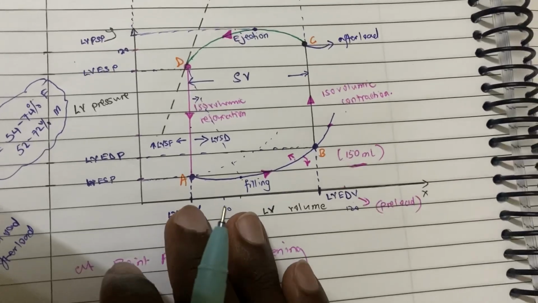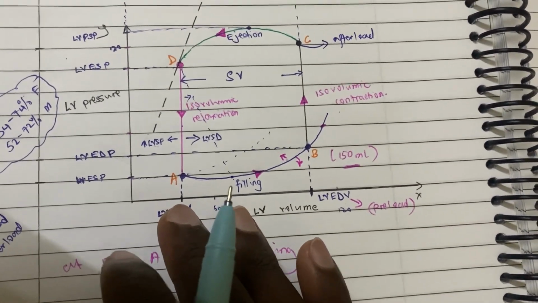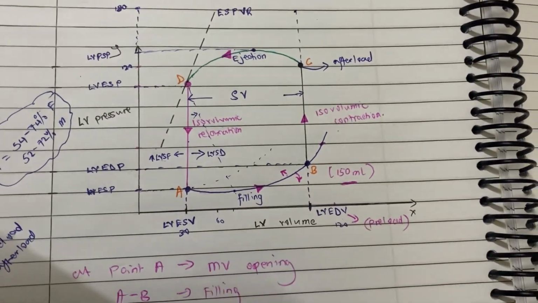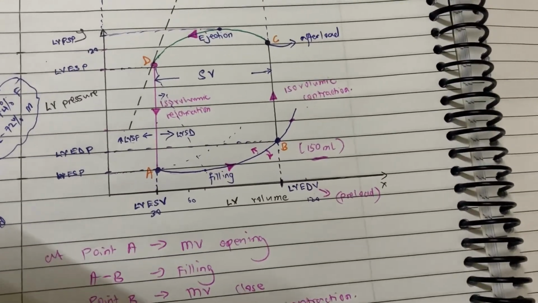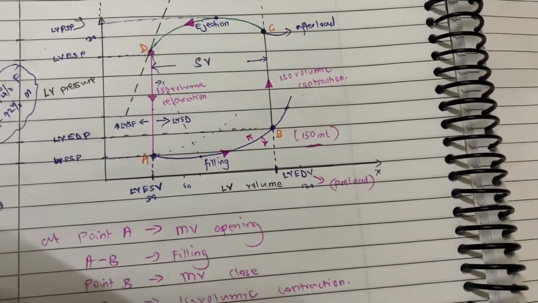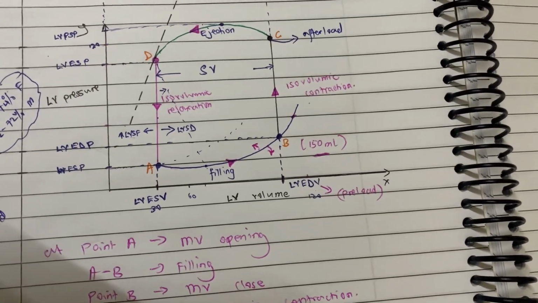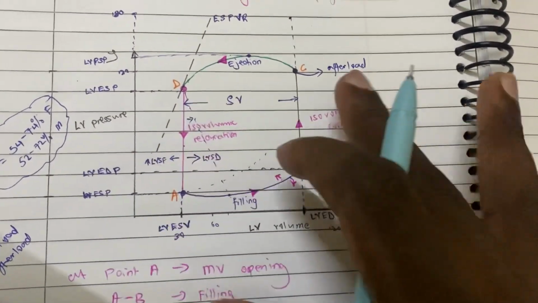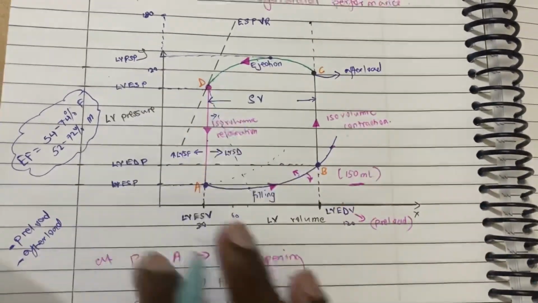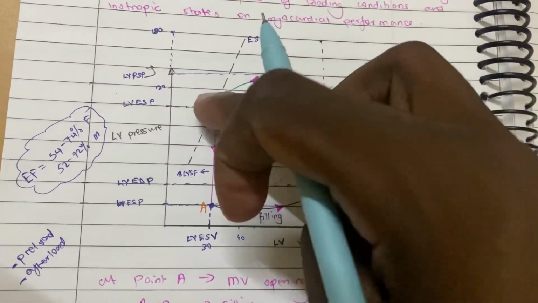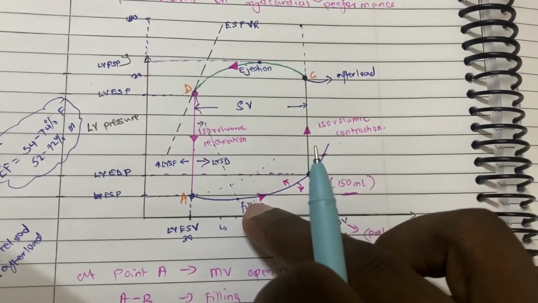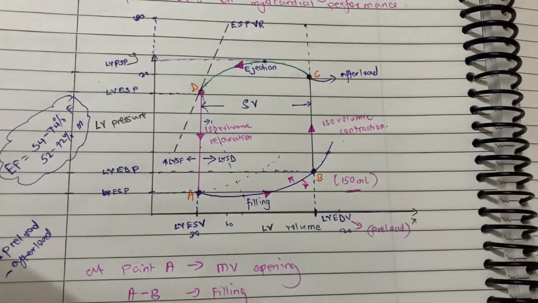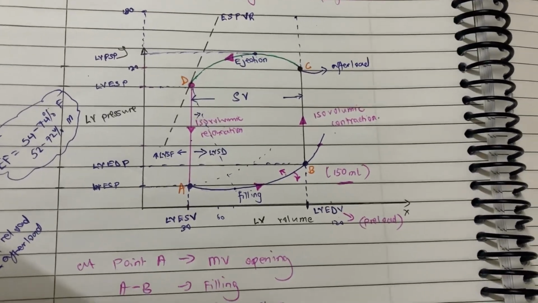This volume came during isovolumic relaxation, which should be isovolumic, but there is no isovolumic relaxation in aortic regurgitation. So we shall see it if the loop loses its shape. This line DA becomes slanting. If it becomes slanting, then aortic regurgitation is there.